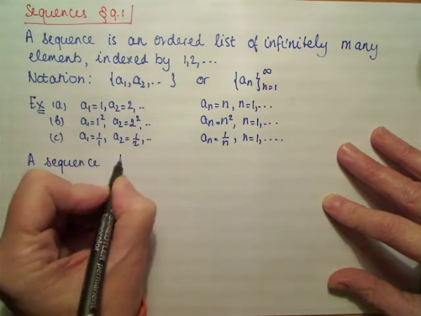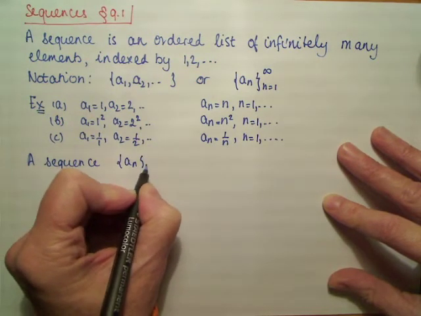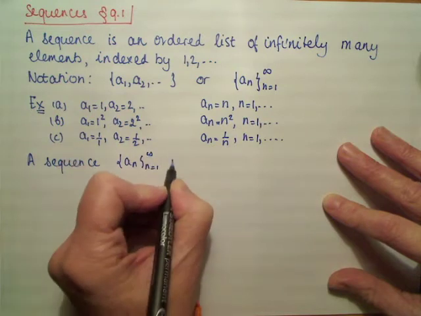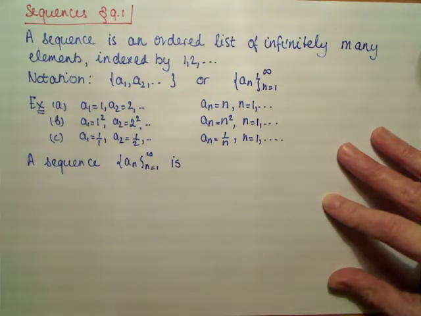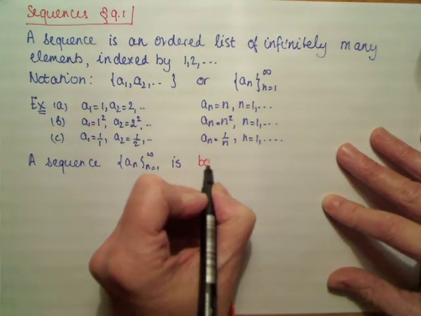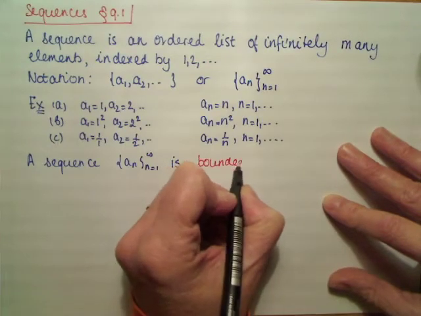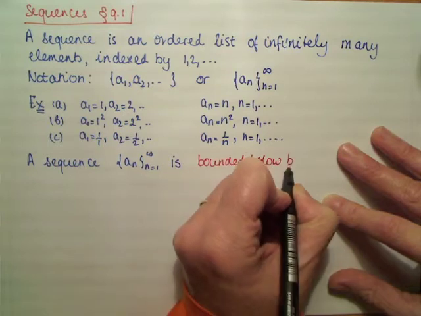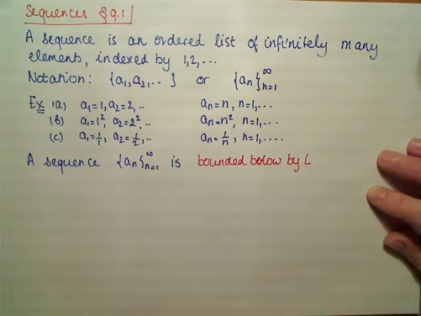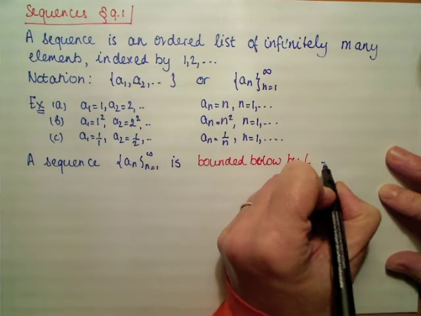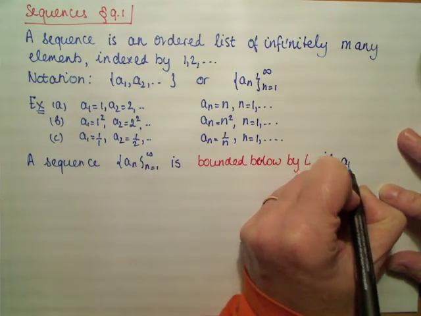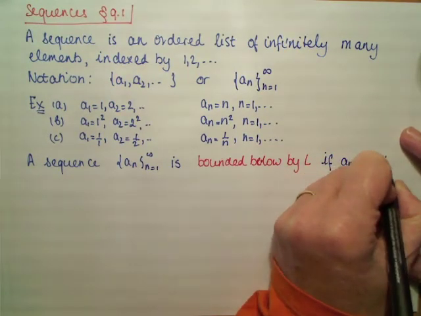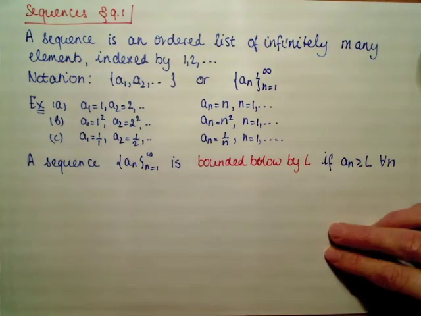A sequence An is said to be bounded below by number L if the following holds: if every element of the sequence is at least as large as L for all indices.